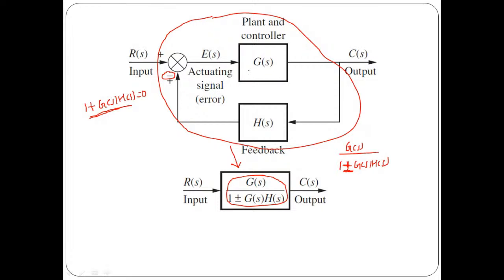That means one is the forward path, the second one is the feedback path. The effective forward path gain is G of s, the effective feedback path gain is H of s, and if we want to represent that by a single block, then directly we can apply this formula, G of s upon 1 plus minus G of s into H of s, to represent that particular system through a single block. That is important.